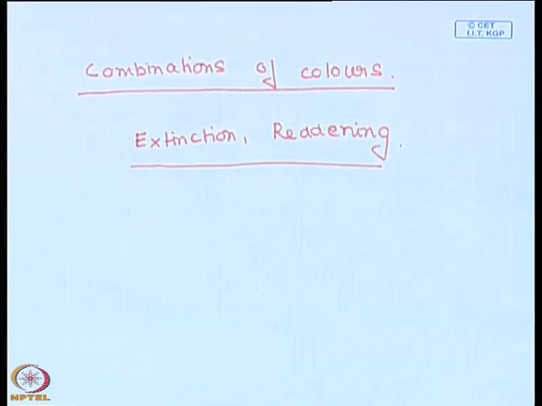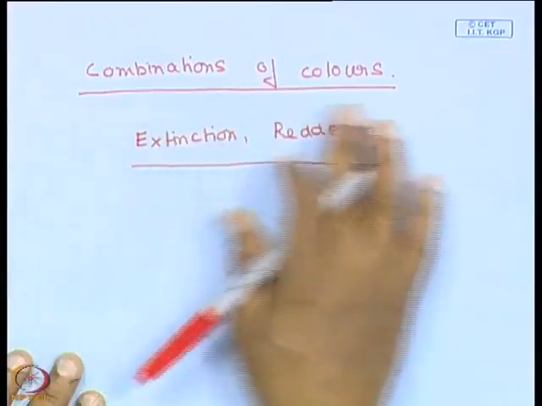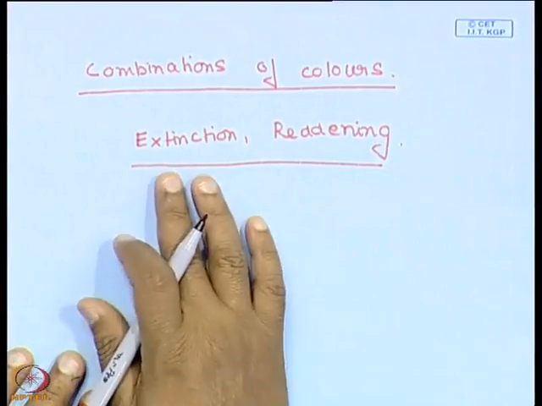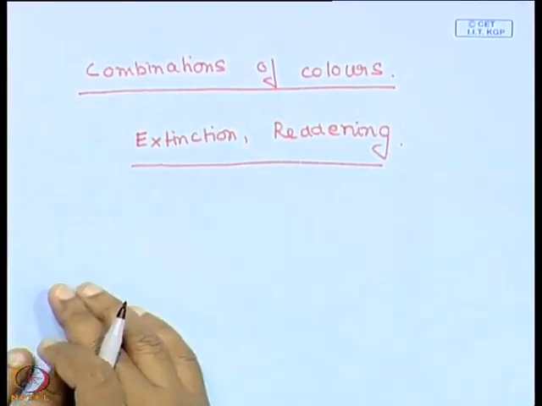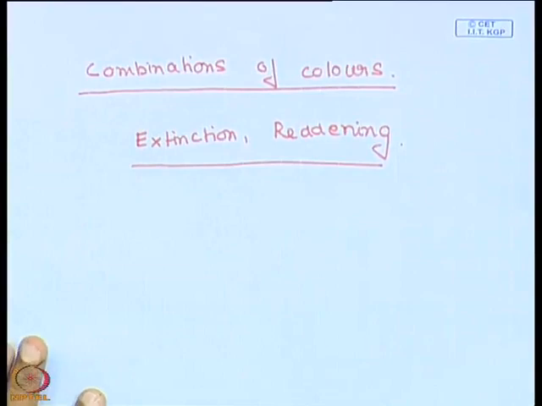So, let me remind you what the basic idea is again. The dust absorption is not uniform at all wavelengths. So, it causes the radiation to appear redder, and this knowledge can be used to construct combinations of colors which allow you to determine from the observation how much extinction and reddening has really occurred.